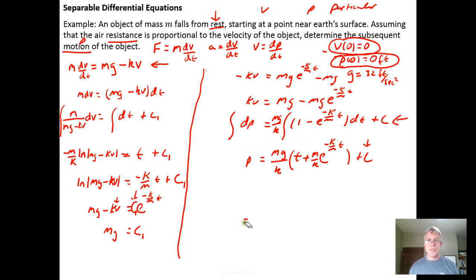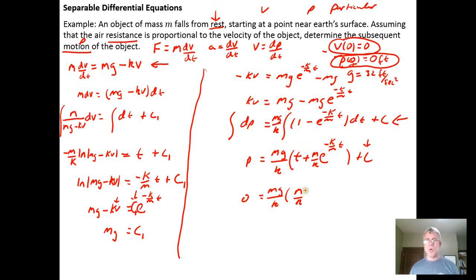So position is 0 when mg over k times time, we're replacing t with 0, so this will be a 0, so we'll get m times 0 plus m over k times e to the 0, times this stuff is e to the 0.